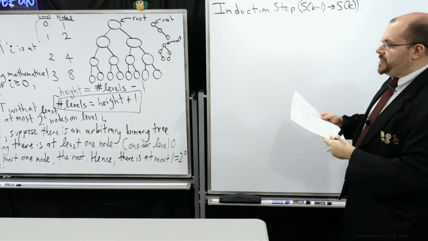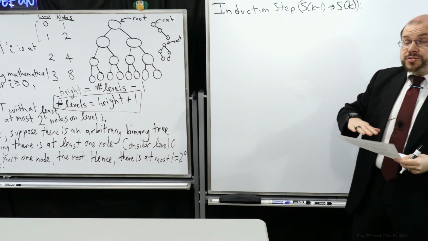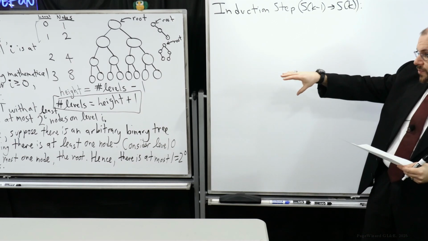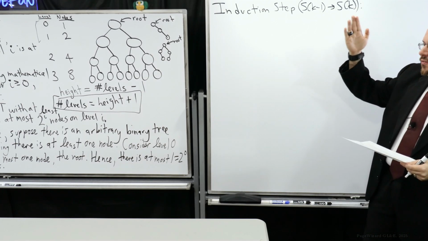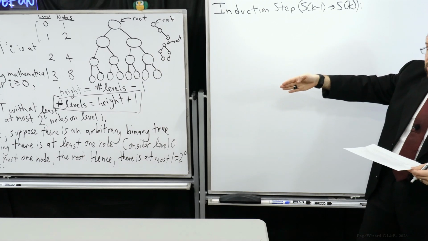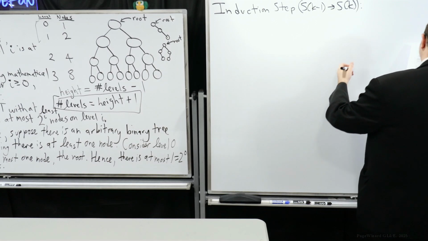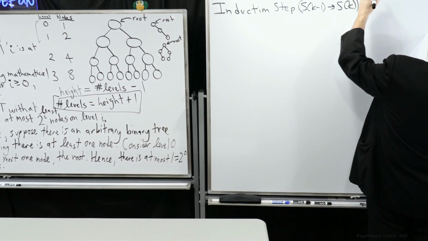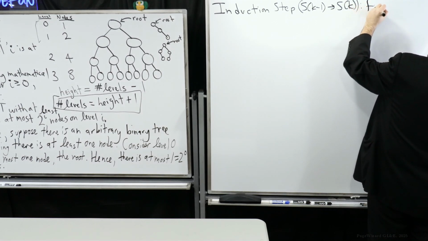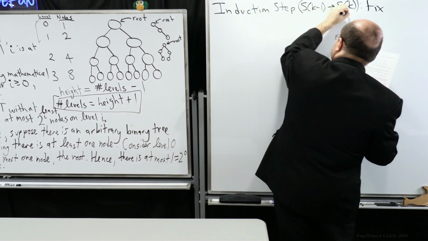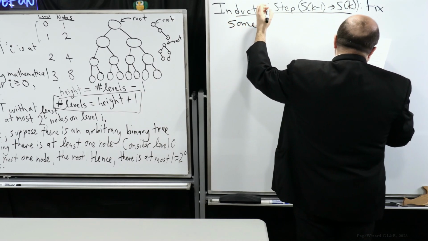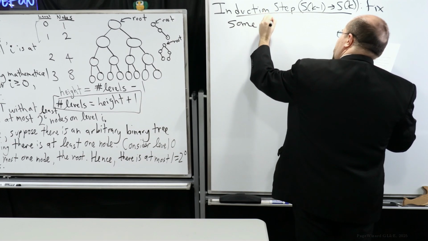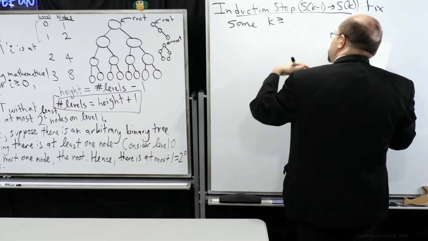Technically speaking, in my notes I also show how i equal to 1, so S of 1 is true, but here I'm going to proceed from i equal to 0. So we're going to fix some integer k greater or equal to 1.